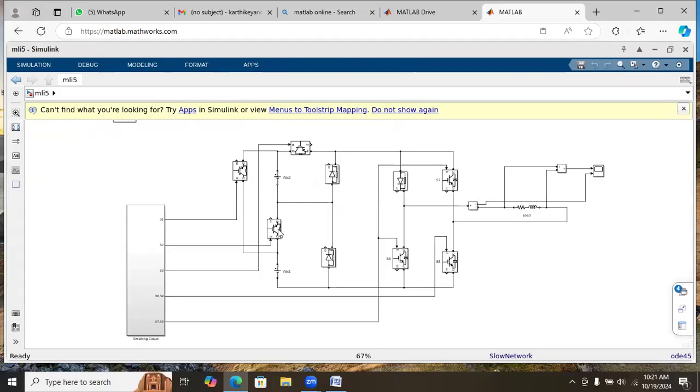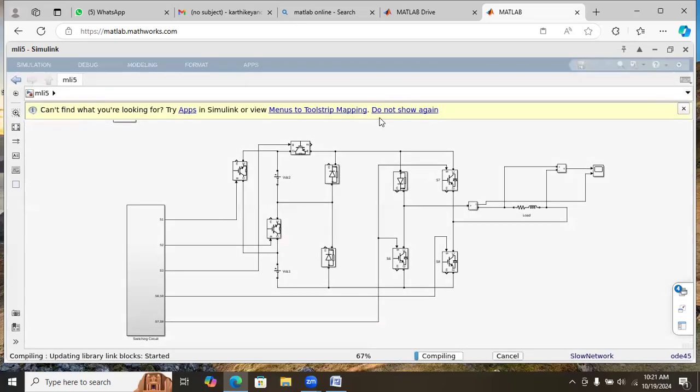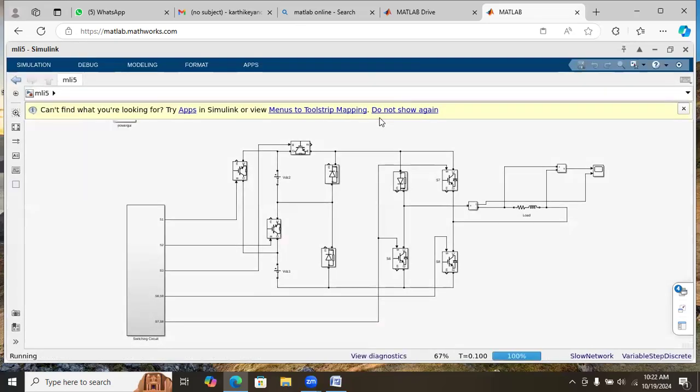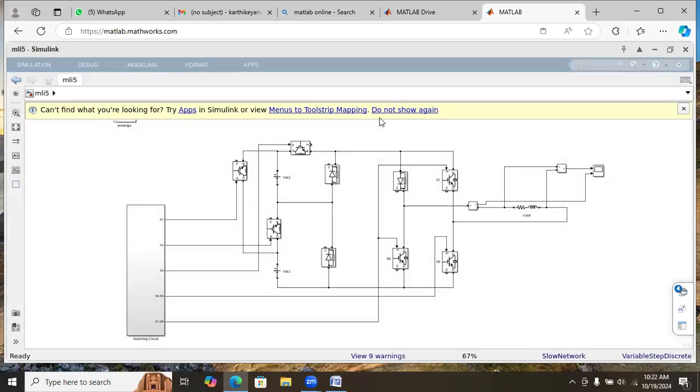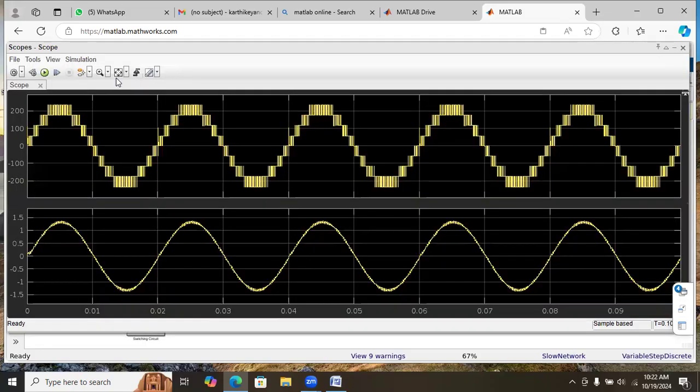Now if you see, 3 plus 3, totally 6 switches are there. For 6 switches, we should get 9 levels. We will check the results now. Here, 1, 2, 3, 4, 5, 6, 7, 8, 9.